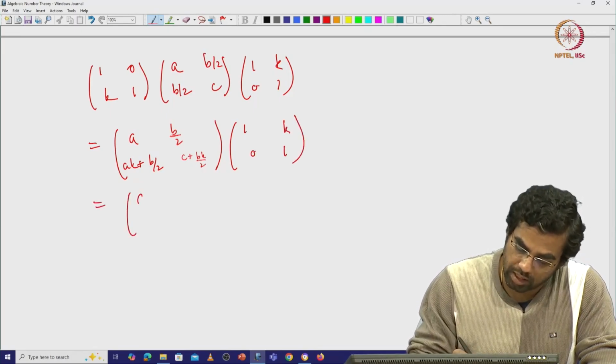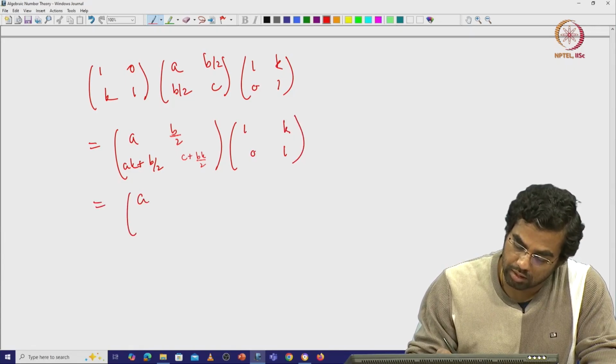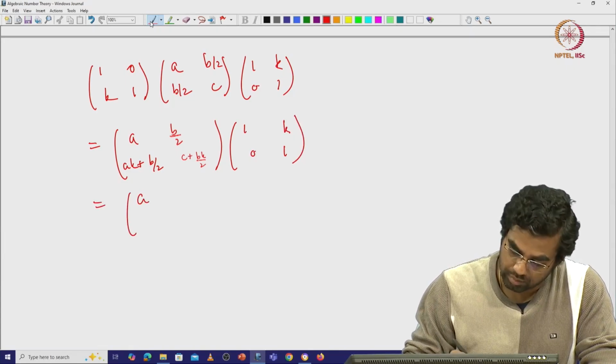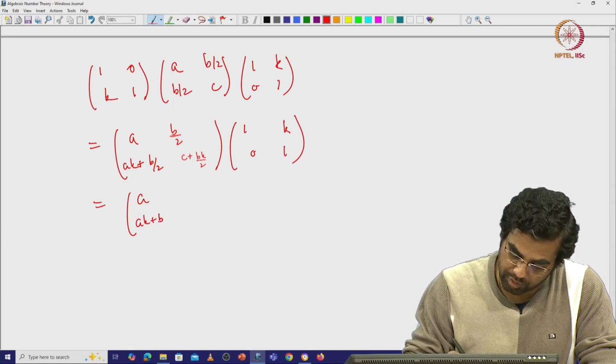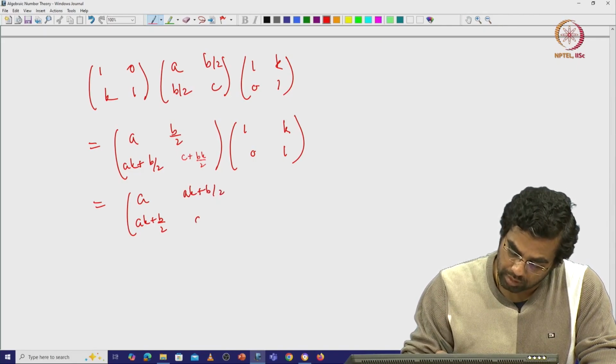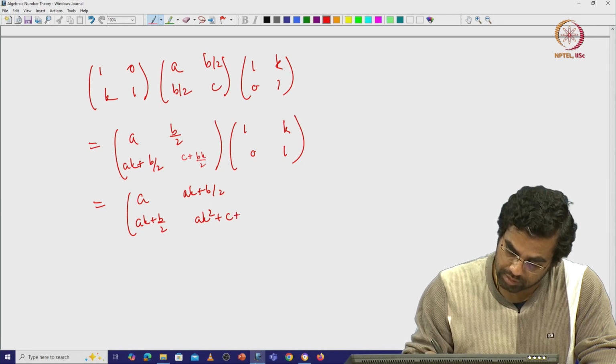So, this will be A and then A K plus B by 2, and then A K plus B by 2, and then A K squared plus C plus B K. Okay.